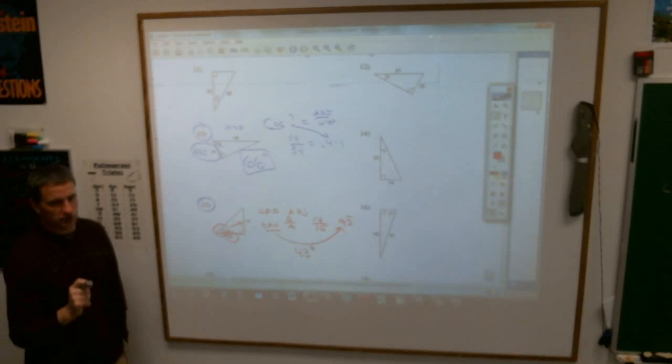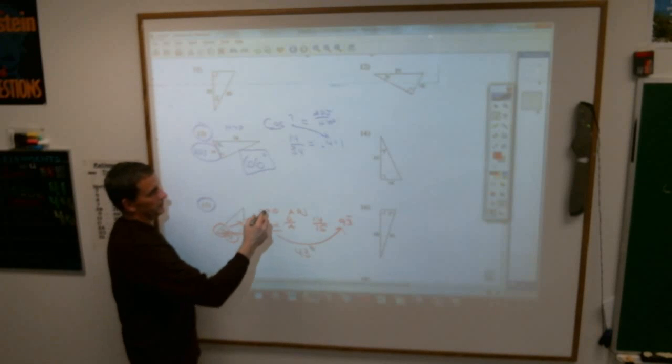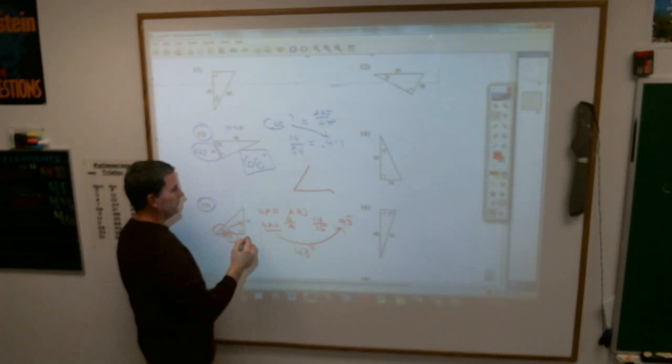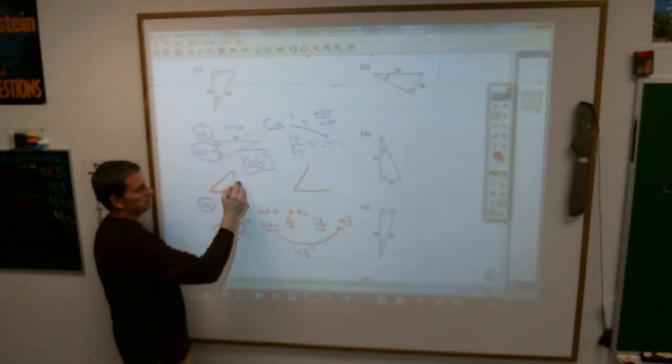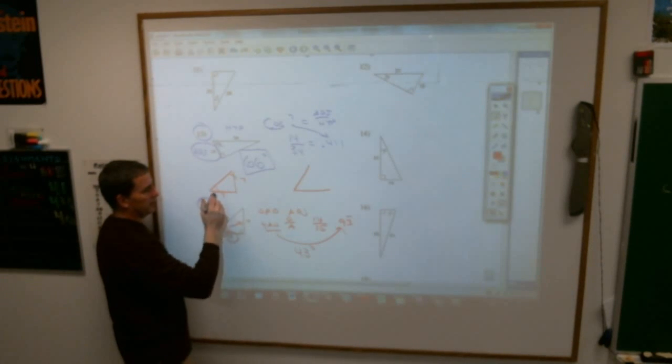Which should make sense, because, think about this, and I'll leave you with this. If you have a right triangle that has two equal sides, let's say these were both 7 inches, what are the degrees that these angles have to be?